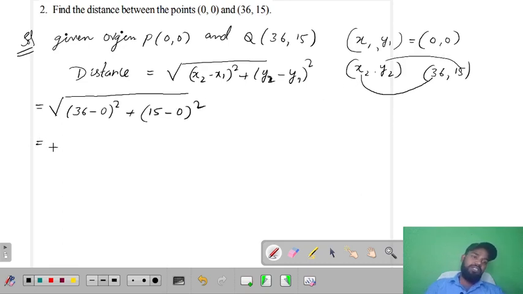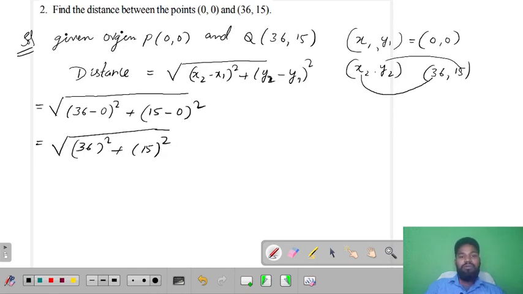So that is nothing but under root 36 whole square plus 15 whole square.